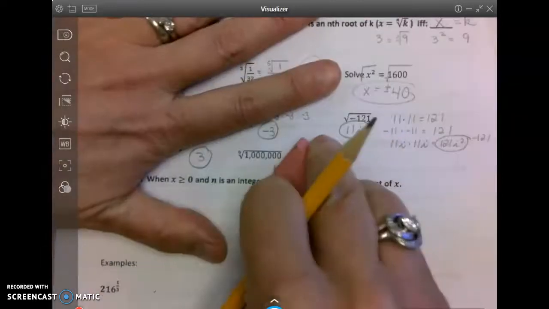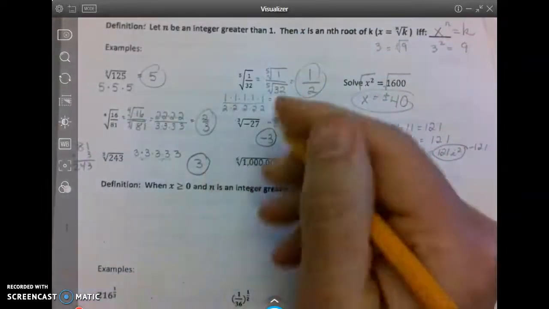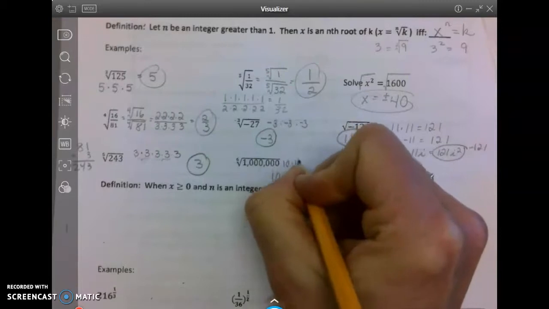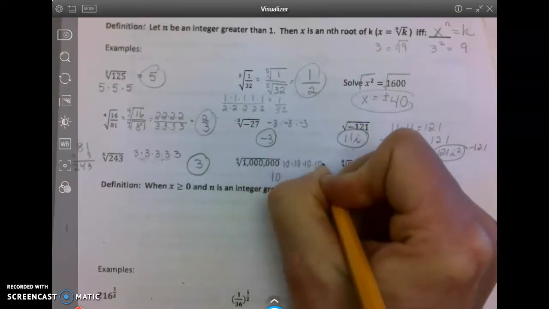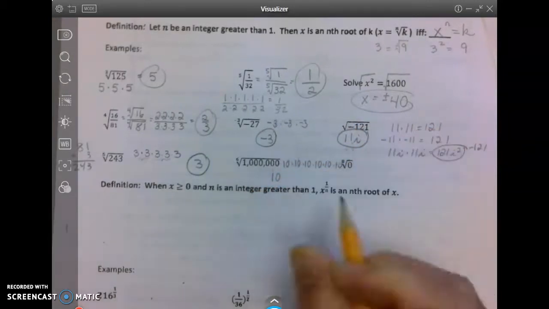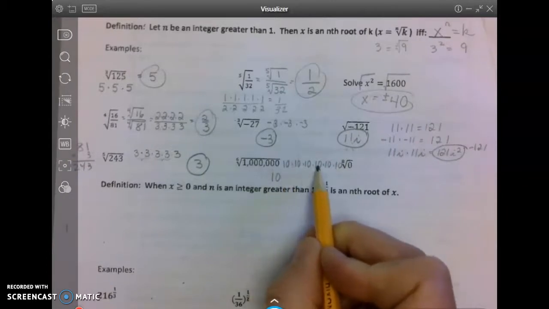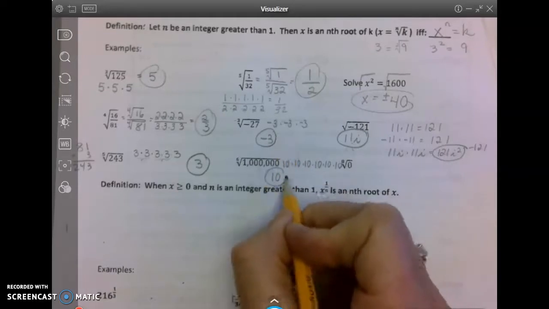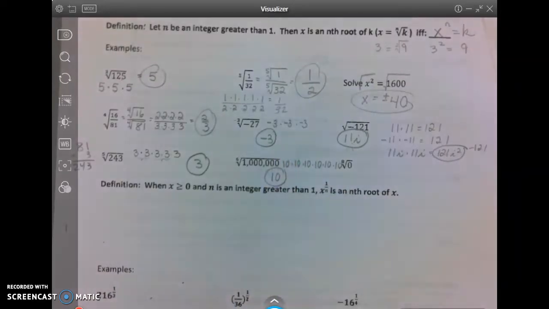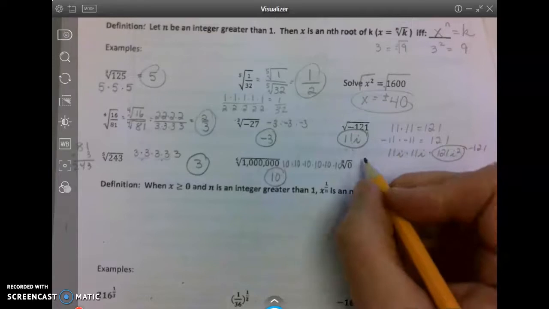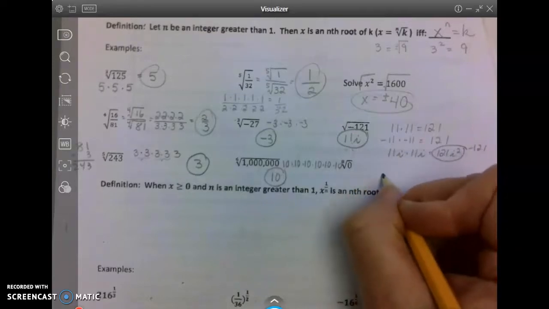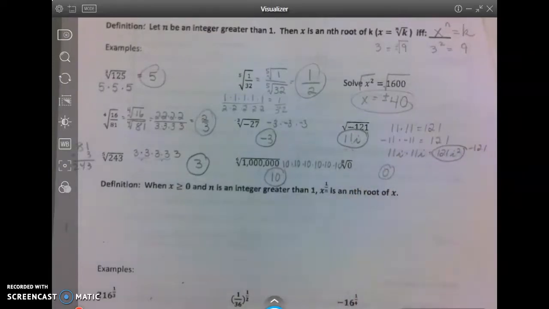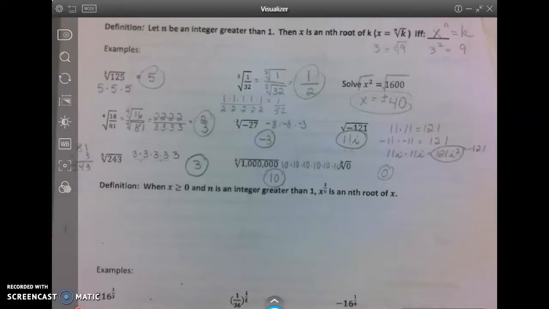If we want to write it out, we can: 10 times 10 times 10 times 10 times 10 times 10, which makes sense because there's 1, 2, 3, 4, 5, 6 zeros. So the answer is 10. The eighth root of 0, I hope we all know that that's just simply 0. Multiply 0 by itself any number of times, you are always going to get 0.